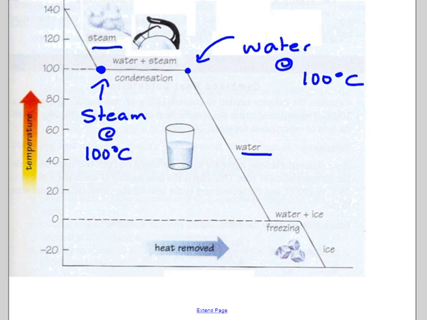Our body temperature is much lower on the continuum. When you get boiling water poured on your arm, it immediately starts to cool. The water at 100 degrees Celsius will cool down to the temperature of your arm, and all of that energy will get released into your arm, causing a burn. However, if you get steam poured onto your arm, first the steam has to condense, so all of this energy gets released into your arm, and the steam condenses to water.